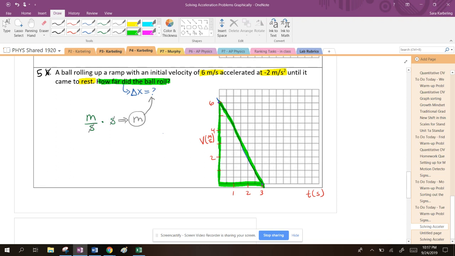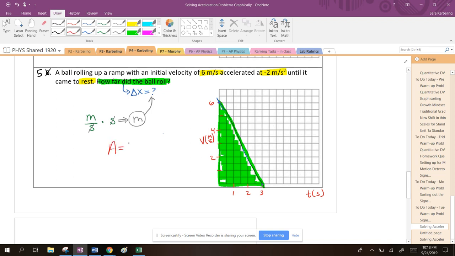In the same way that we did in question number 2, where we found the area between the graph and the axes, we're going to do the same thing here to find the displacement. Because the velocity is changing, it's covering less distance every second, so that's why it's coming down as a triangle as opposed to a rectangle. So just like we did in the other one, we're going to find the area under the curve.